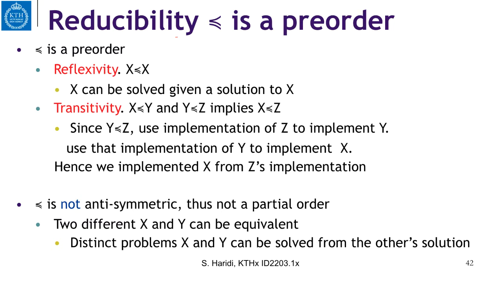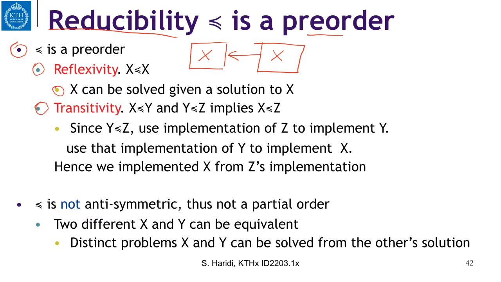Now, reducibility is a preorder. So let us see why. Reducibility satisfies reflexivity because if we have an implementation of x, we can implement x. So that's easy. x can be solved given a solution of x.